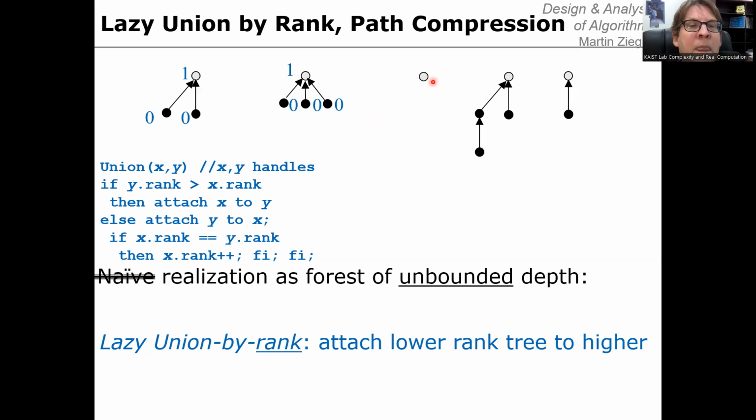Same here, and here we have only one node. So if the user wants us to make the union of these two sets, this one has rank 0, so it will get attached to the tree with larger height. This one has height 1. So this is what happens here.